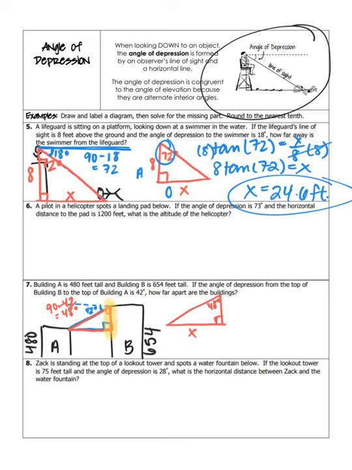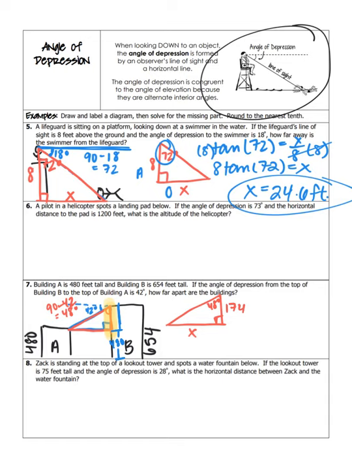So I know that this would be 480 because that's the height of the smaller building. So then to find this height here, we're just going to do 654 minus 480, which gives us 174. So this height is 174.